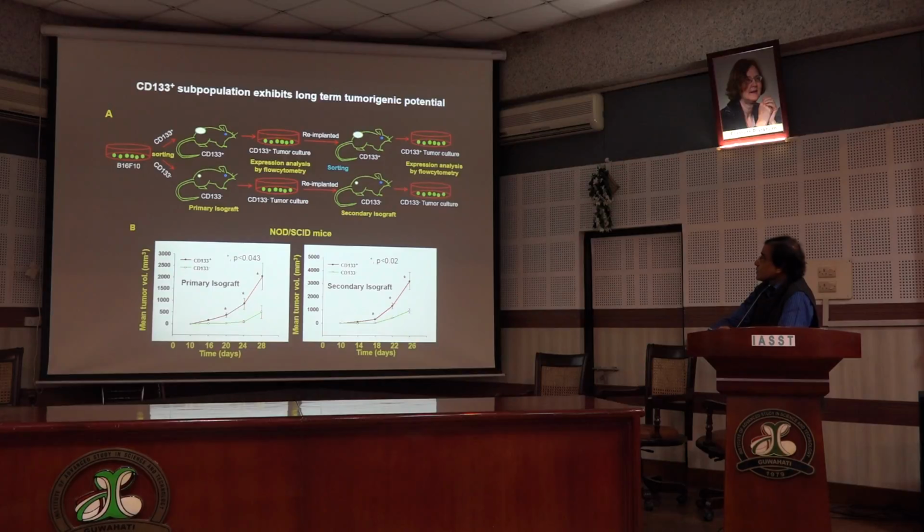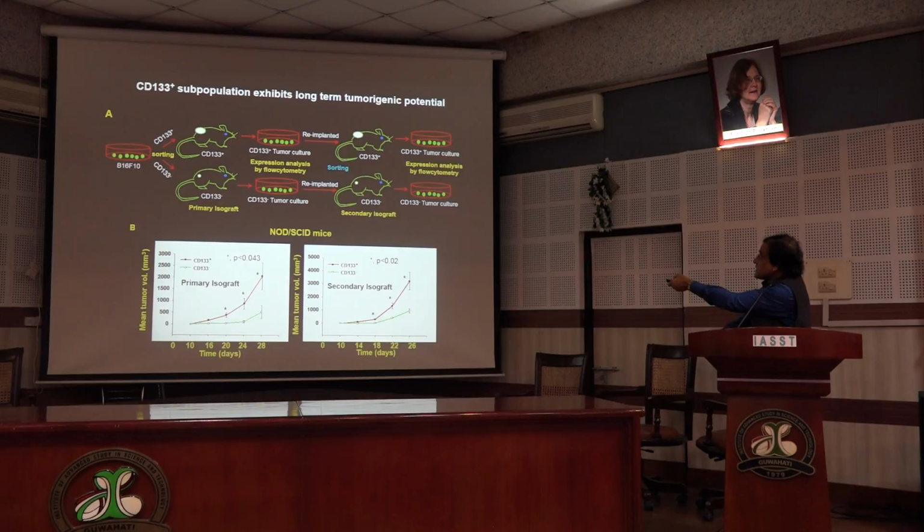So the next point, which is more important: if they are cancer stem cells, they should have a long-term tumorigenic potential. So what Dheeraj has done is, from the parental B16F10 cells, he isolated cancer stem cell positive and negative, implanted them into the NOD-SCID mice, developed tumor, then removed the tumor, established primary culture, then analyzed the expression of CD133 again in positive versus negative.